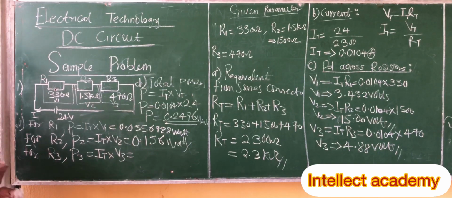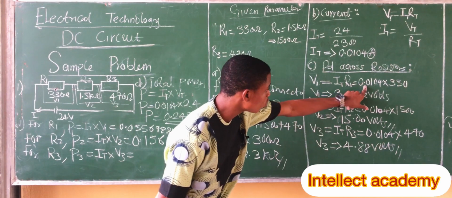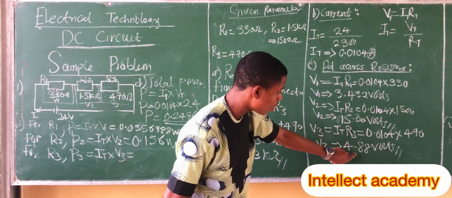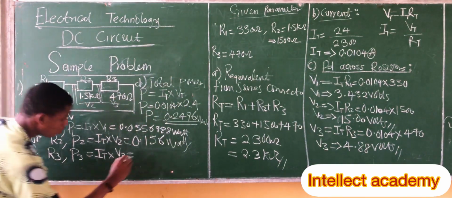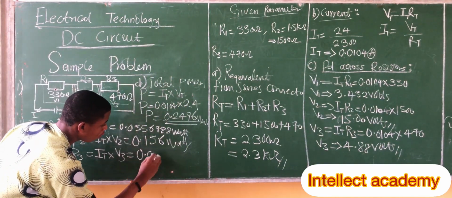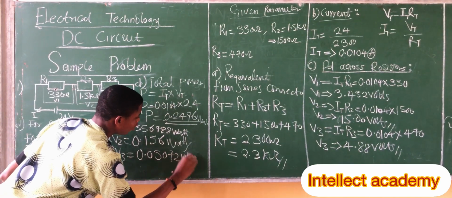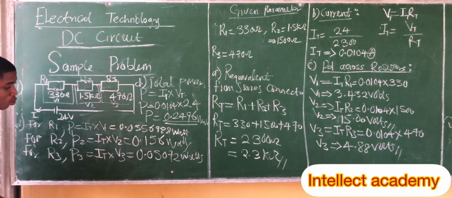Let's wait for him. 0.0104 multiplied by 4.88. 0.0552. Now, please point all these values, sum all these values.